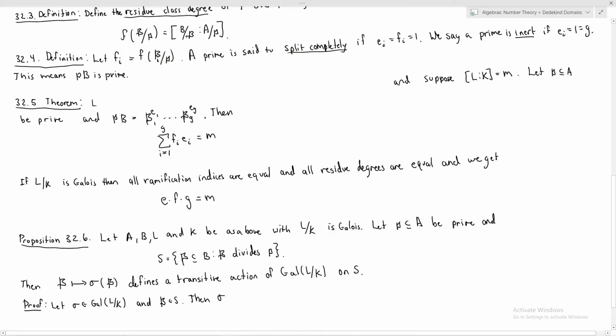So L and K be number fields, with rings of integers, say B and A respectively.